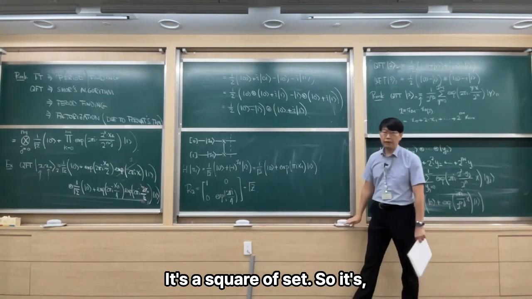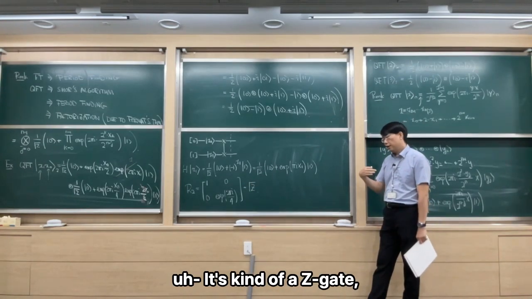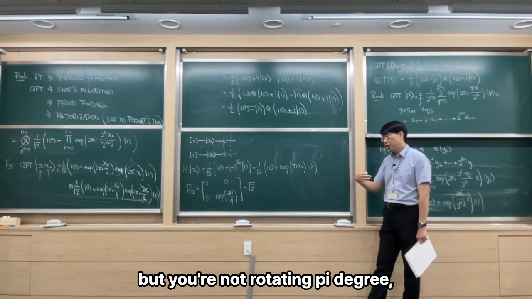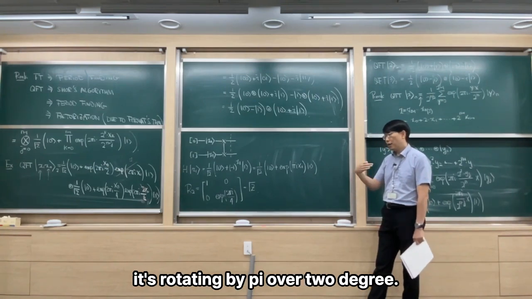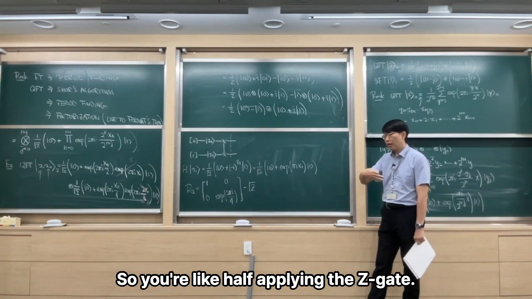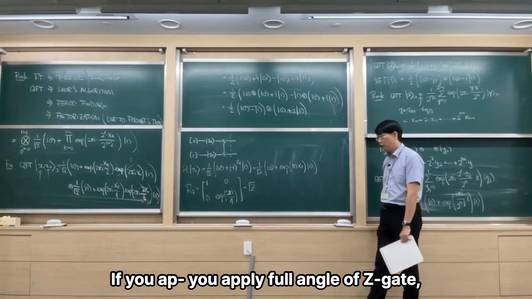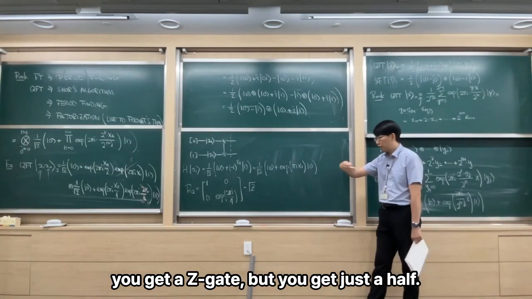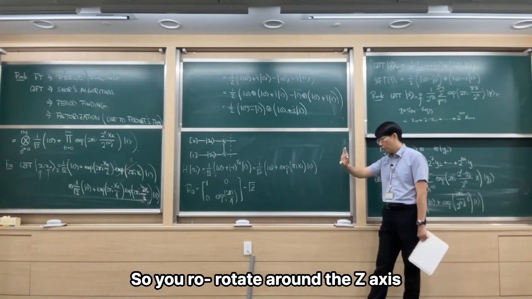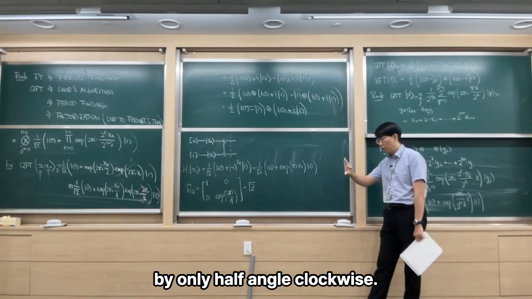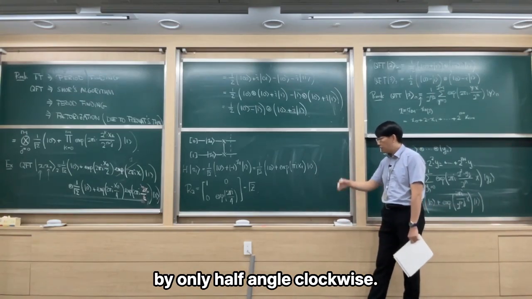It's a square root of Z. So it's kind of a Z gate, but you're not rotating by pi, it's rotating by pi over 2. So you're like half applying the Z gate. If you apply the full angle you get the Z gate, but here you get just half. So you rotate around the z-axis by only half the angle clockwise.